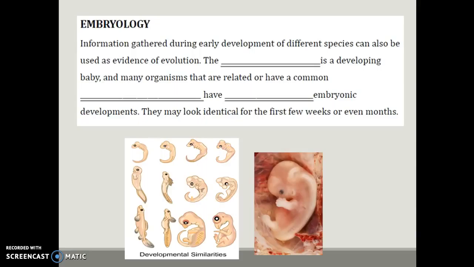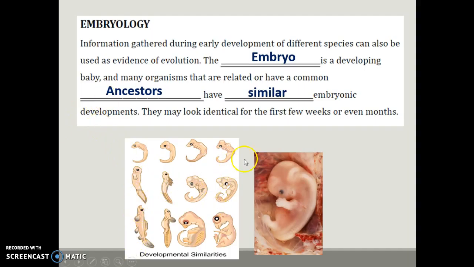Embryology. Information gathered during early development of different species can also be used as evidence of evolution. The embryo is a developing baby, and many organisms that are related or have a common ancestor have similar embryonic development. They may look identical for the first few weeks or even months.